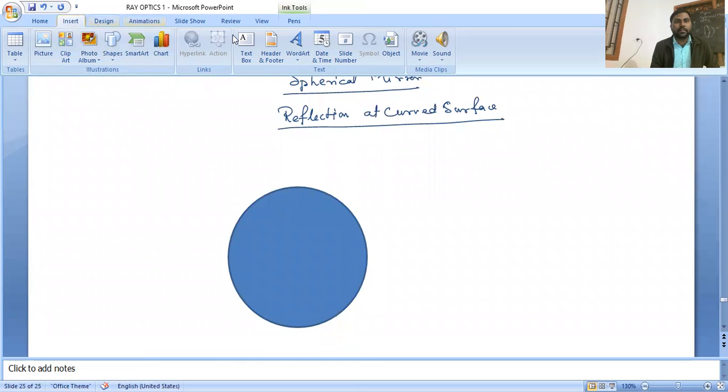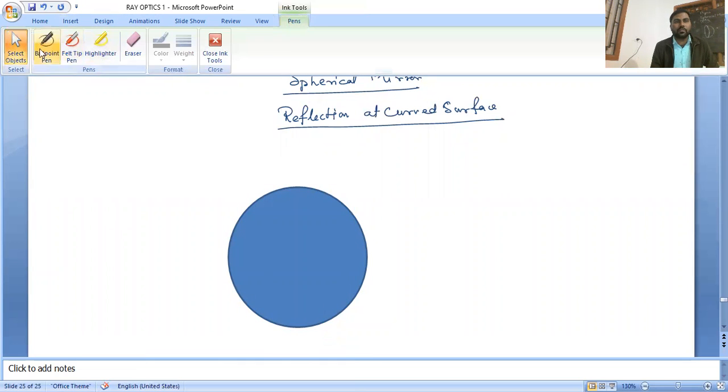If we cut the sphere from here like this, what will we get?